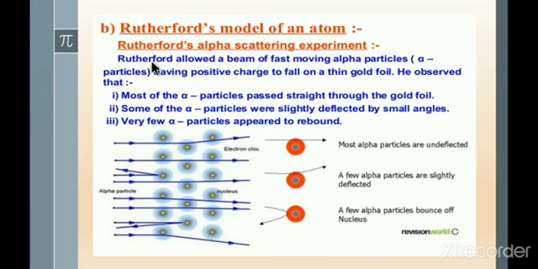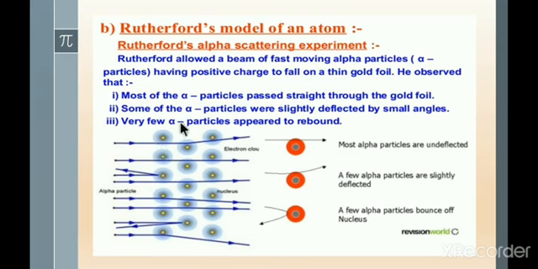In his experiment, Rutherford bombarded, or allowed, a beam of fast moving alpha particles. Students, this is the sign of alpha. Alpha particles having positive charge were made to fall on the thin gold foil. He observed that, number one, most of the alpha particles passed straight through the gold foil without any bending.